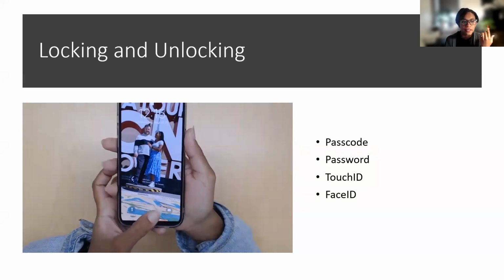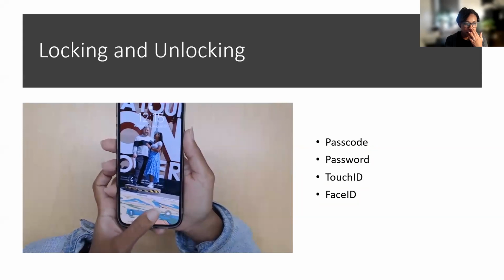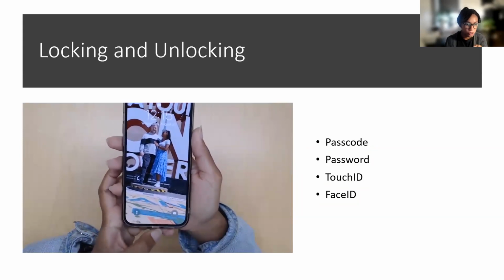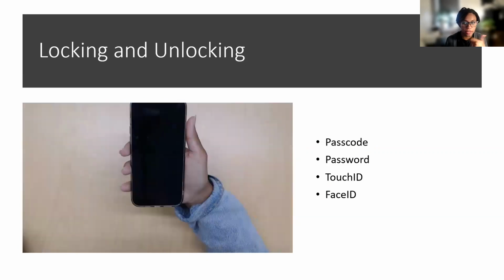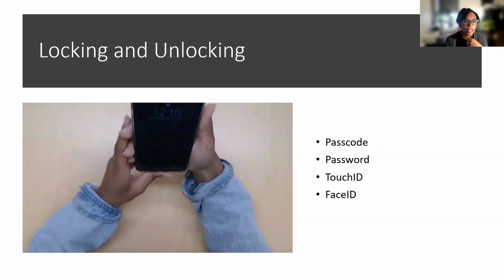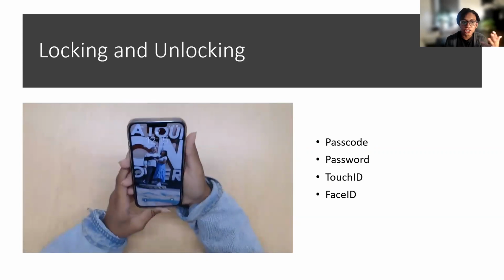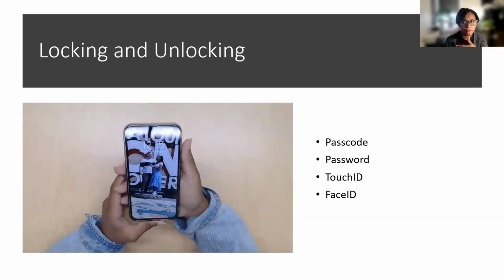And then there is Face ID. So if you were using the Touch ID, you just lay your thumb over that home button and it would scan it. Last one is Face ID, which I can't really show you in any effective way because you just hold the phone up in front of your face and it scans your face and unlocks your phone for you based on all of your biometric features.